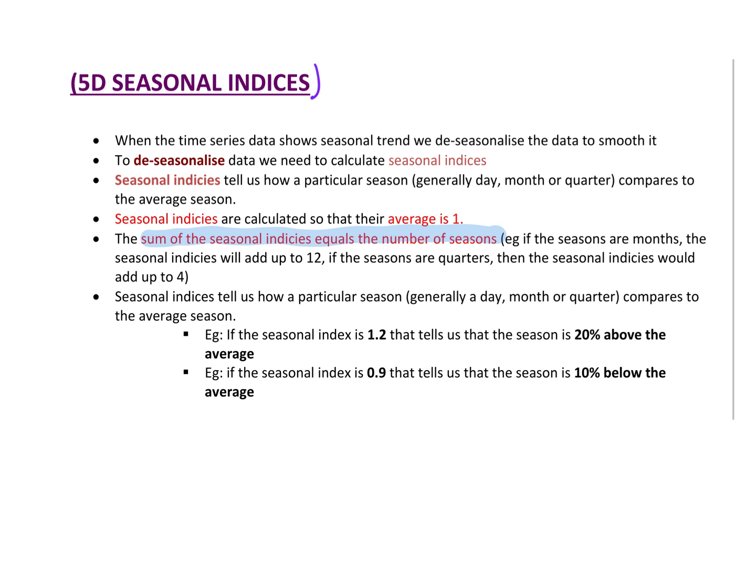So seasonal indices tell us how a particular season compares to the average season. Here's a little example. If you had a seasonal index of 1.2, remember 1 is average, so that season is 20% above average. If we have a seasonal index of 0.9, you are under 1, so how much under are you?